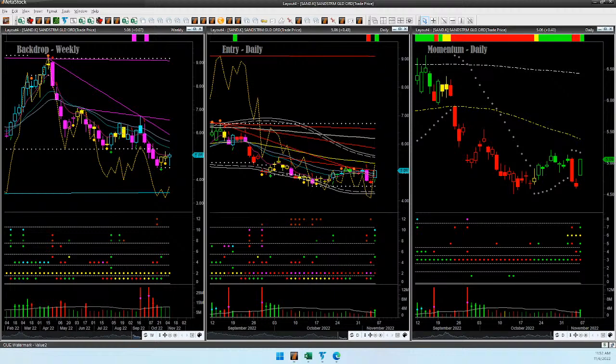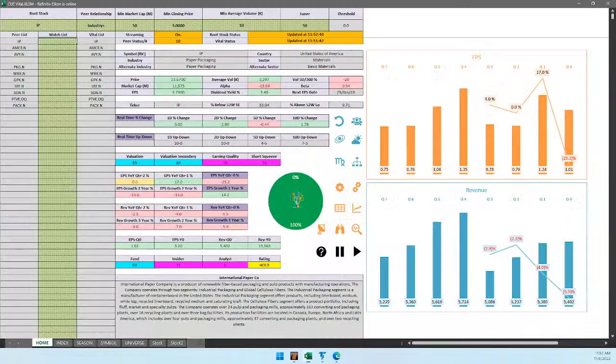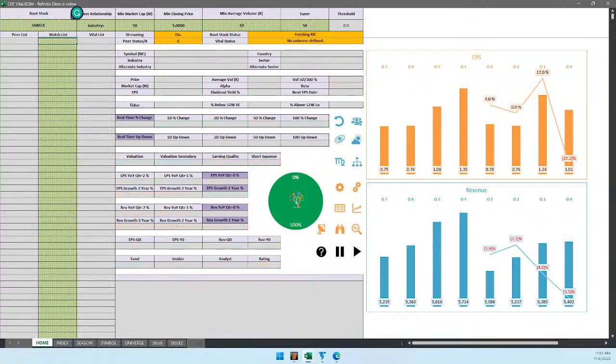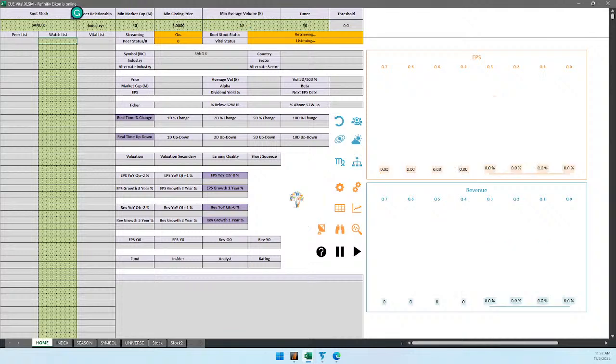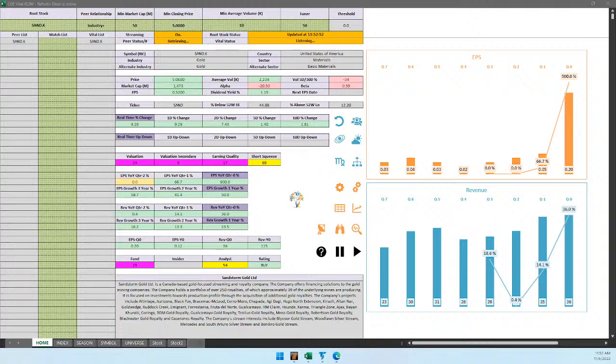Now let's go back to Q Vital to look at its single page in the single page stock scorecard. SAND. Retrieving data for the PR stocks.